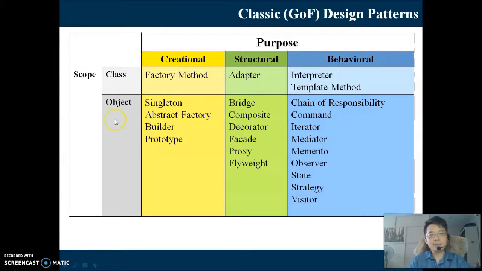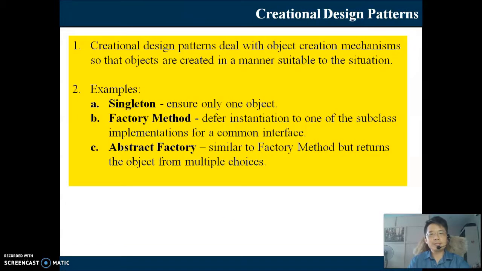In today's lecture, we'll be looking at singleton, factory method, and abstract factory examples. Creational design pattern is a pattern that deals with object creation mechanisms so that the objects are created in a manner that is suitable to the situation.